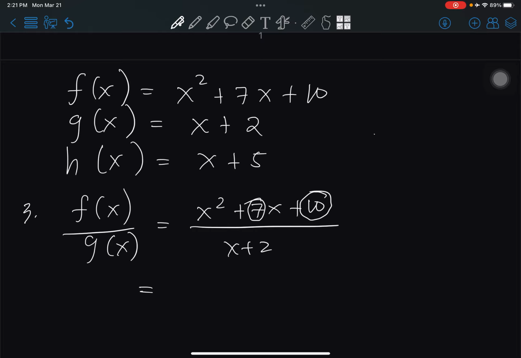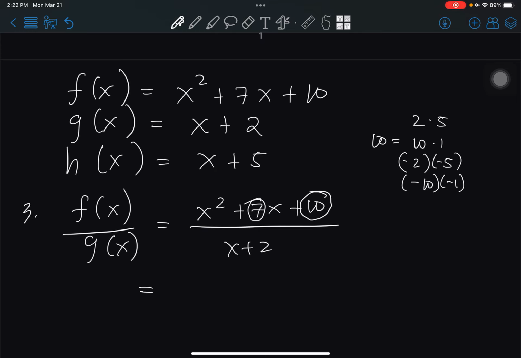So here, let us try to list down all the possible factors of 10. We have 2 times 5, correct? We also have 10 times 1. We have negative 2 times negative 5. Then we also have negative 10 times negative 1. So we have 4 pairs of factors that are possible having a product of 10.